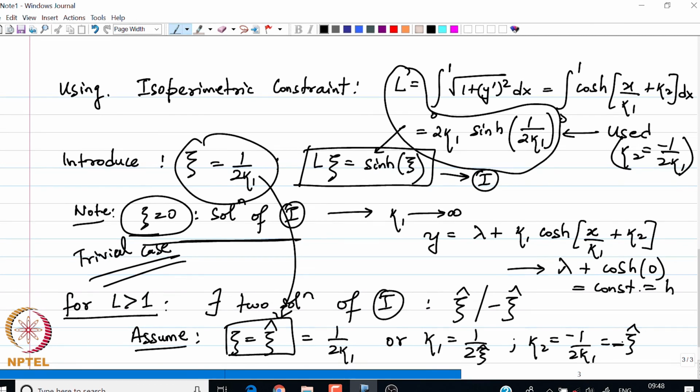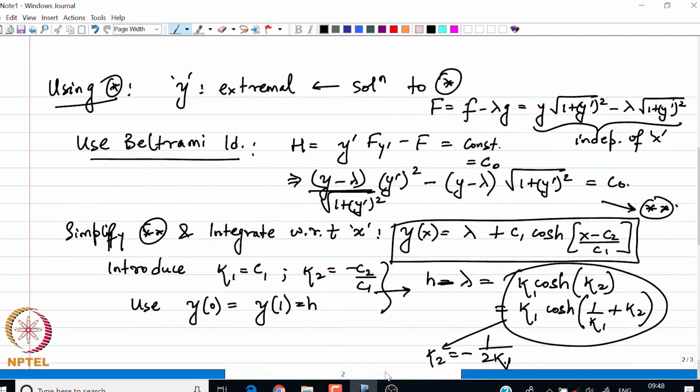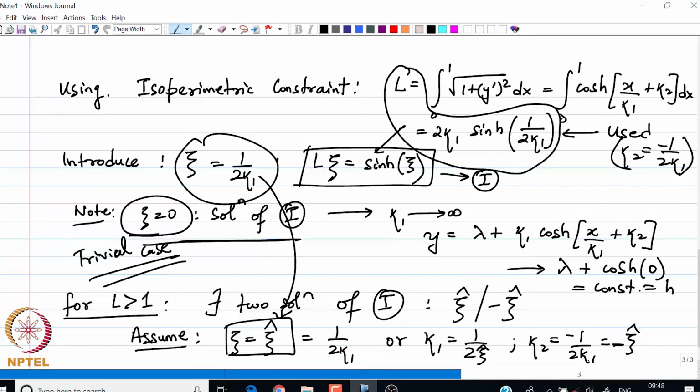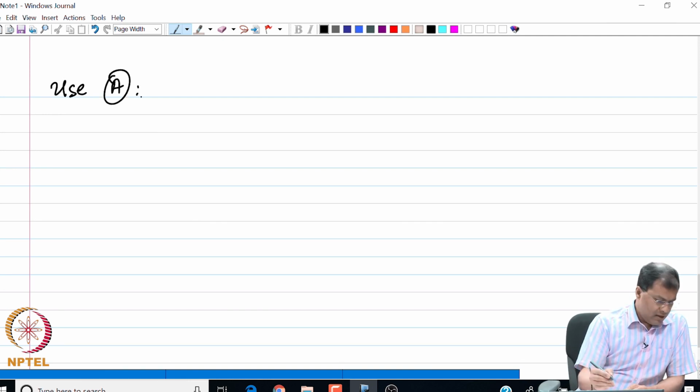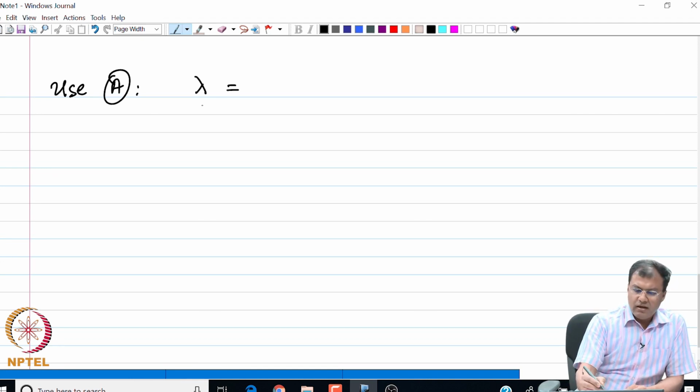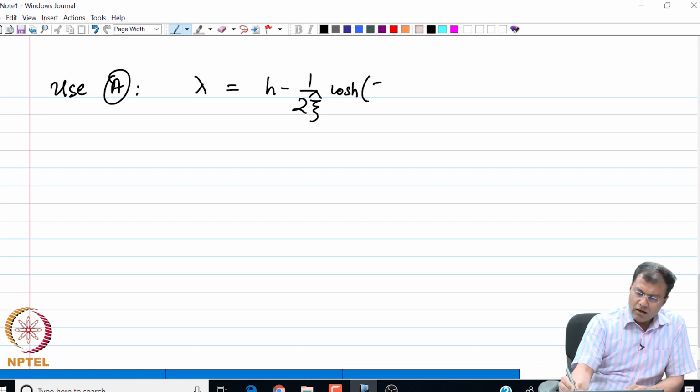Let me call this set of conditions my condition number A. Using A, I get my constant lambda, which is h minus 1 by 2 xi hat cosh of xi hat.